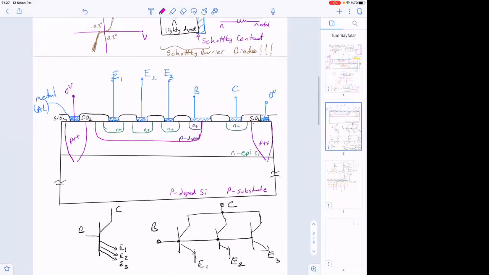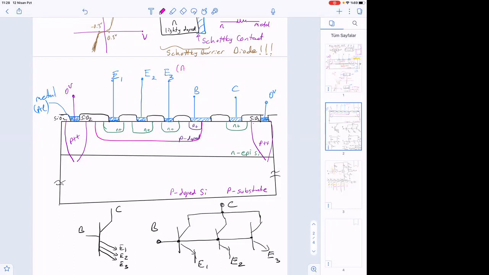So if you look at this transistor, one of them being on is enough to pull the base to 0.8 volt. So anyone on. Maybe I shouldn't write here because it's just a transistor.